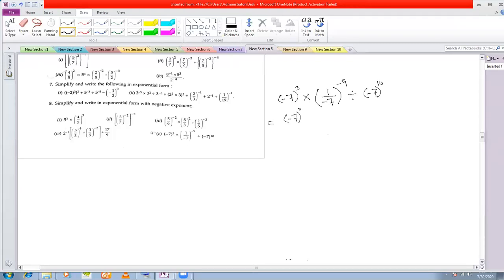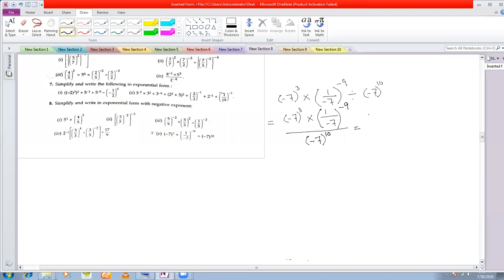Minus 7 cube into 1 by minus 7 to the power of minus 9 whole divided by minus 7 to the power of 10.